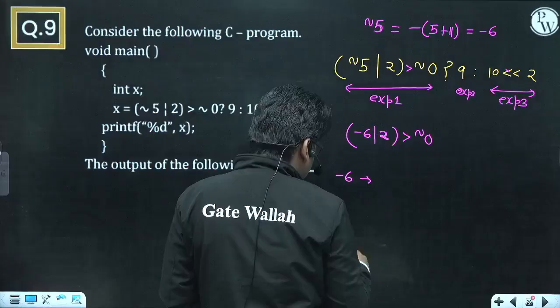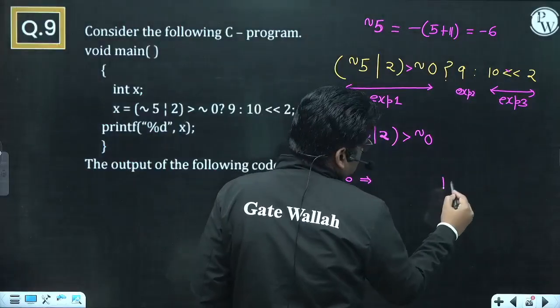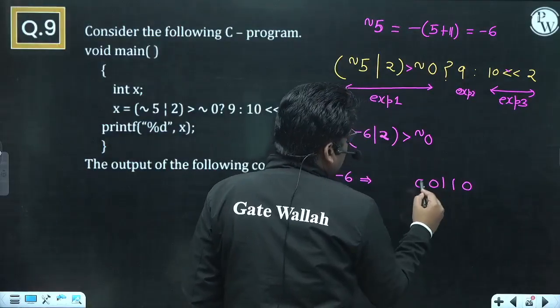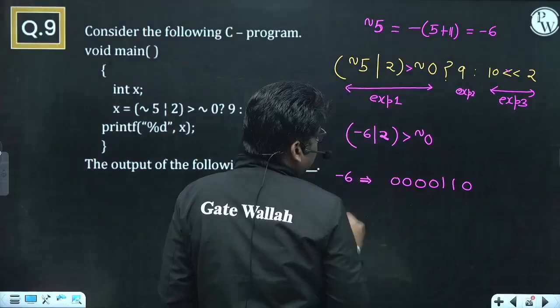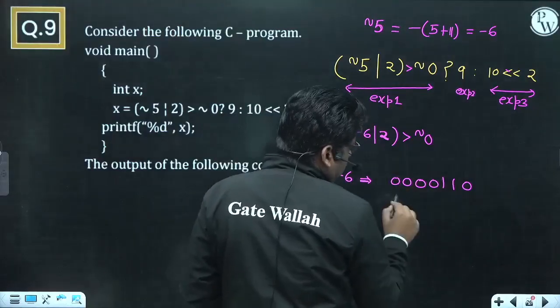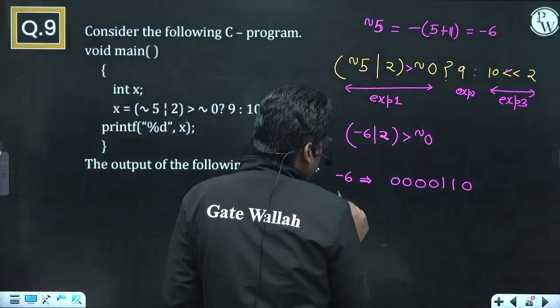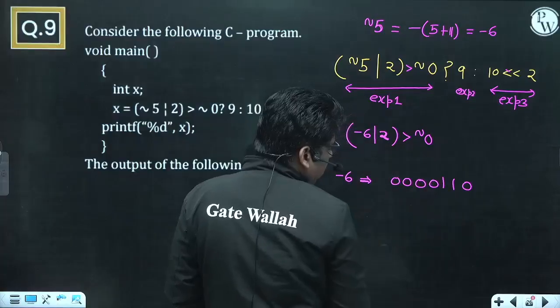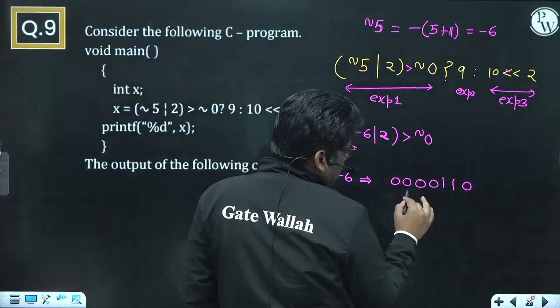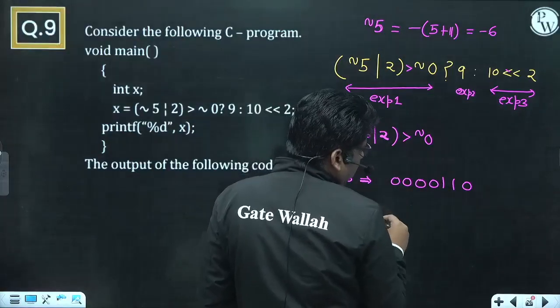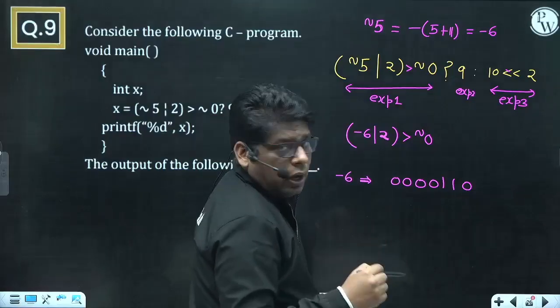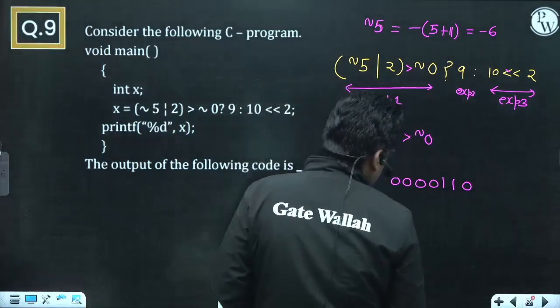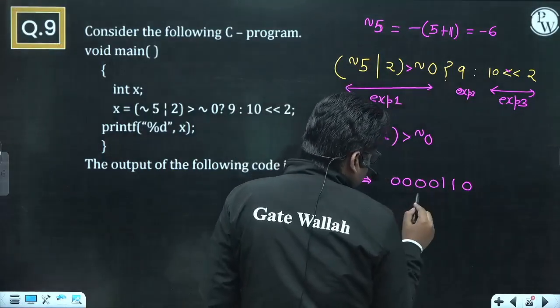Sir, first you will find plus of 6, which is 1, 1, 0. Let's take everything in 8 bits. This is plus of 6. To find minus of 6, we need to take the 2's complementation of this. There are two ways.